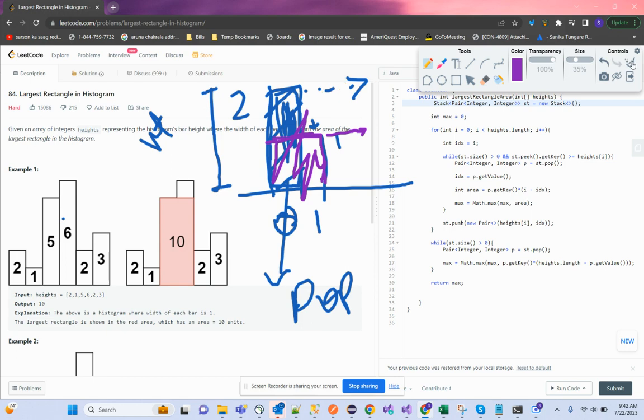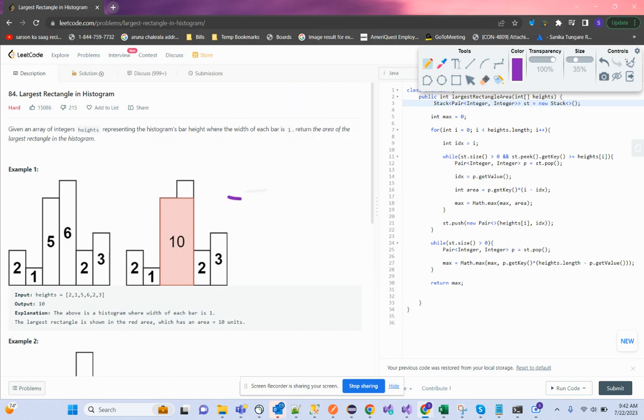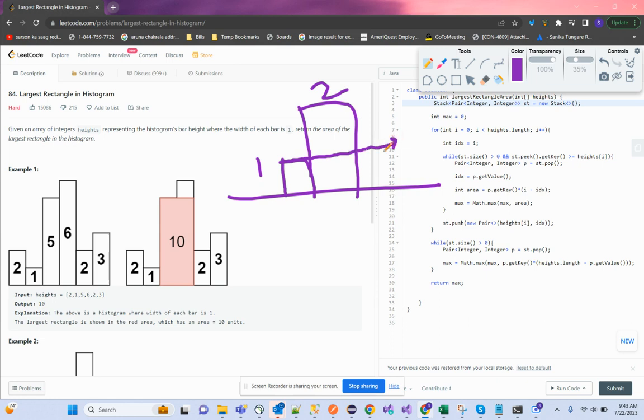Let's take a different example, the other way round. Suppose this is one height and this is the bigger height, that is the 2. In this scenario, we can extend the one height, right? We can extend it because there is no blockage, there is no smaller height next to it.